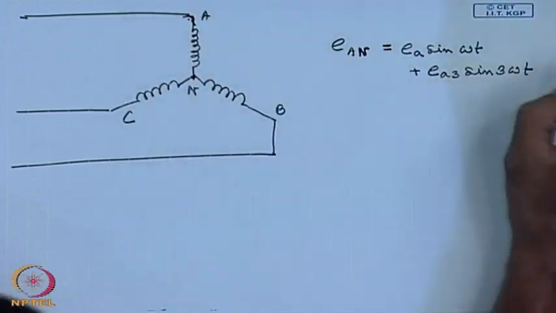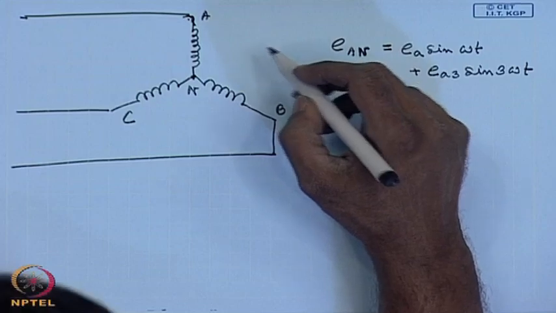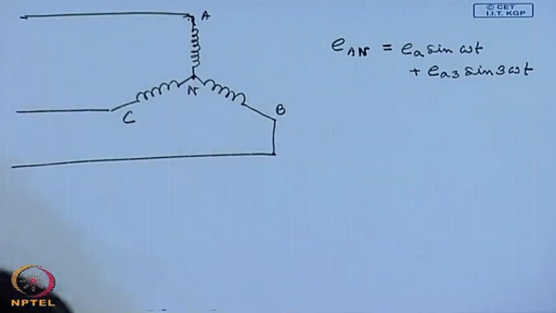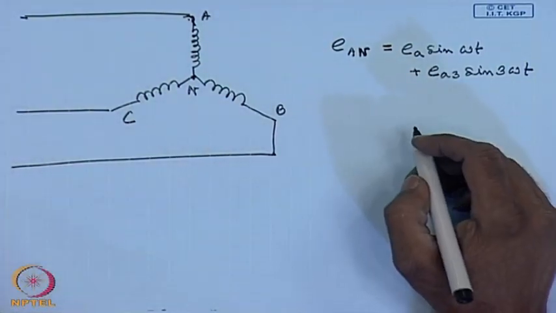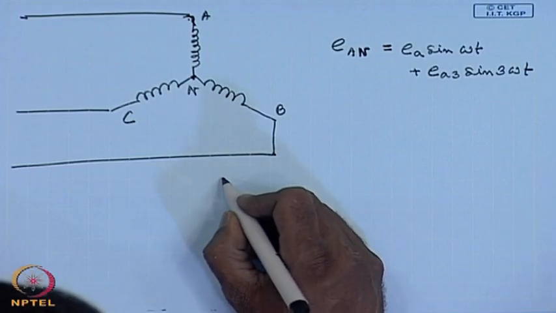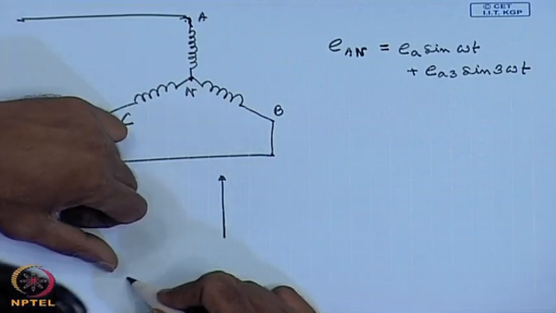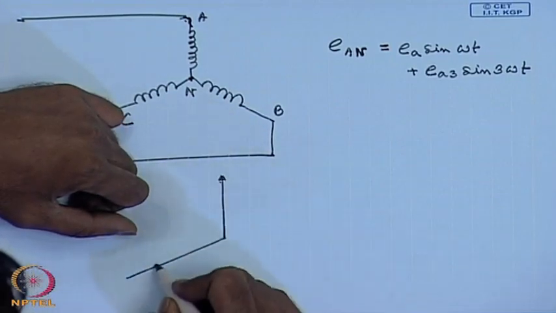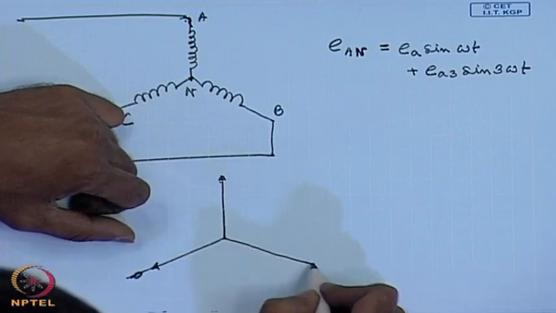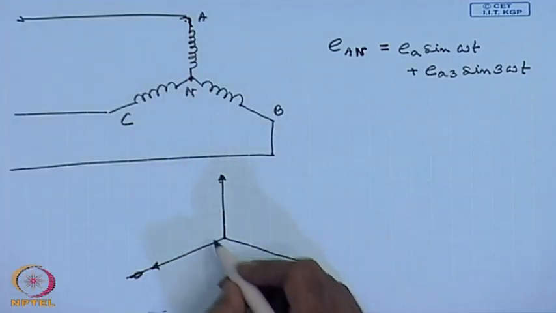Now, neglecting the impedance drop of the transformer at no load, this should be equal to the applied voltage. So, for all the 3 phases we can draw the following block diagram. Let us say these are the applied phase voltages with respect to the supply neutral.